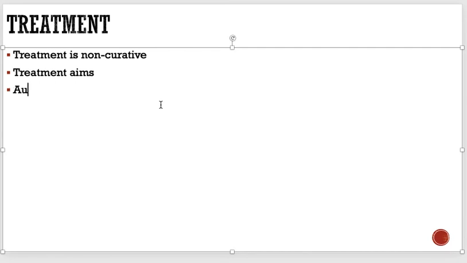One of the things which we can try is autologous stem cell transplant. Okay. But the bad thing is, we can just do it in patients who are less than 65 years of age, and the mean age of diagnosis of multiple myeloma is basically more than 65 years. And there are a lot of side effects.